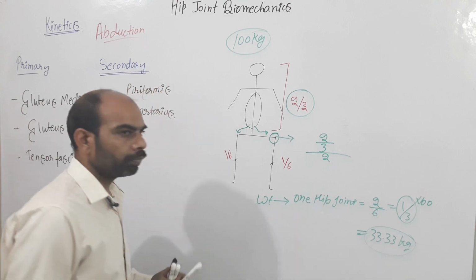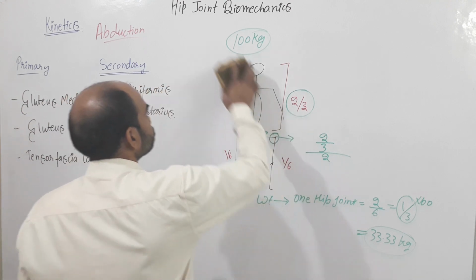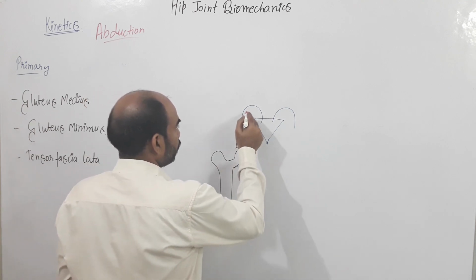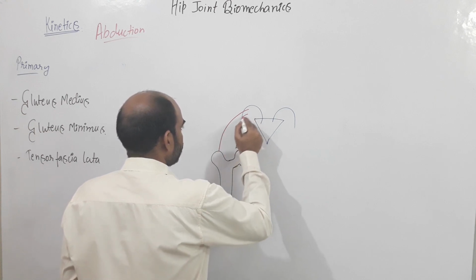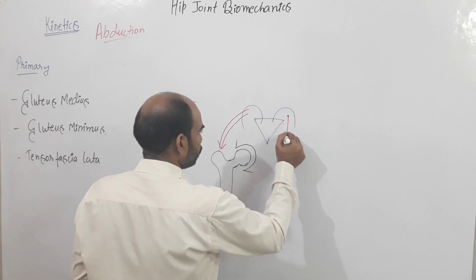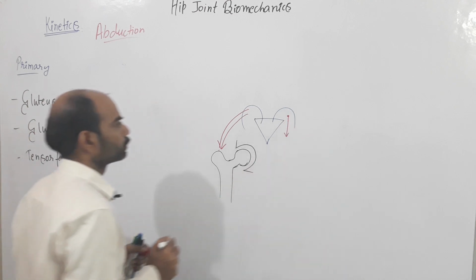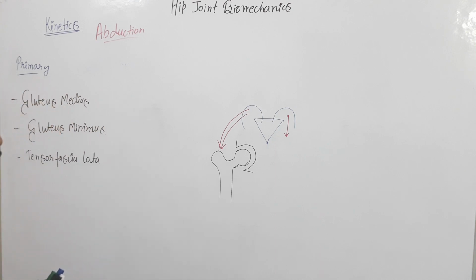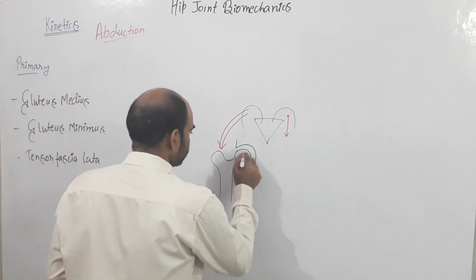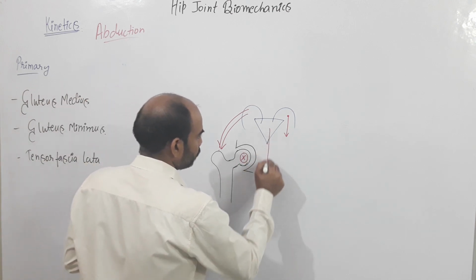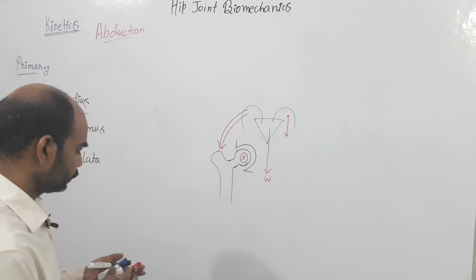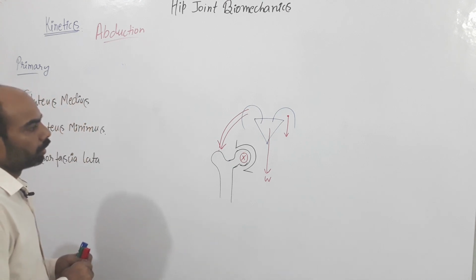Now we will understand weight bearing in single limb stance. The function of the hip abductor muscle is to attach on the pelvis and prevent this side pelvic drop. So this is the axis of rotation, with the weight passing from the center.